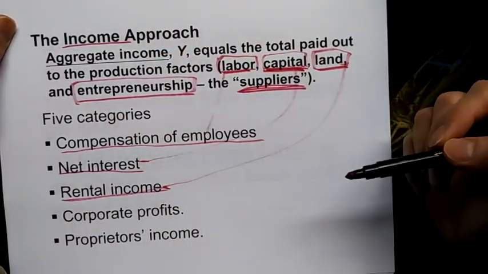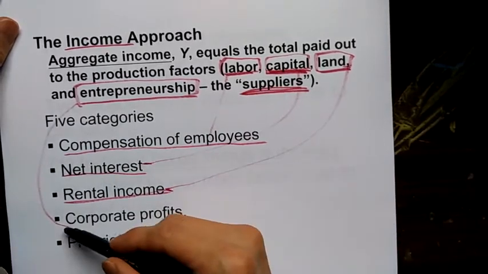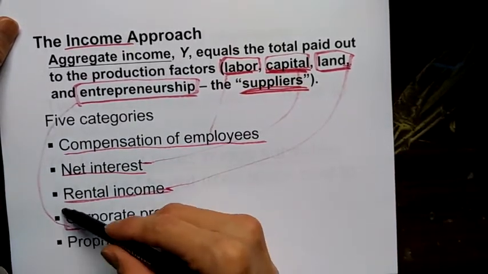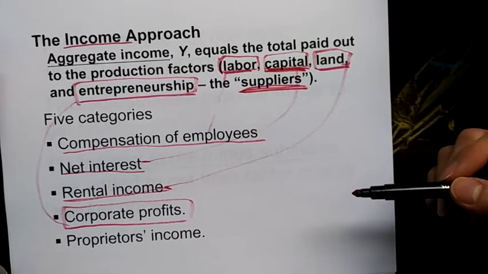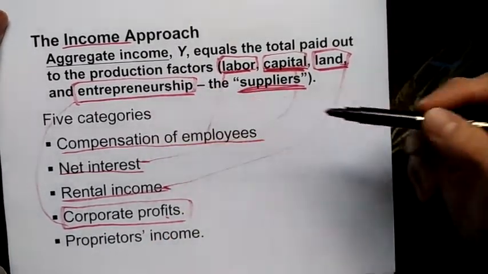Entrepreneurship's income has two parts. The first part is if the entrepreneur is incorporated, then the company's profit is the entrepreneurship's income.